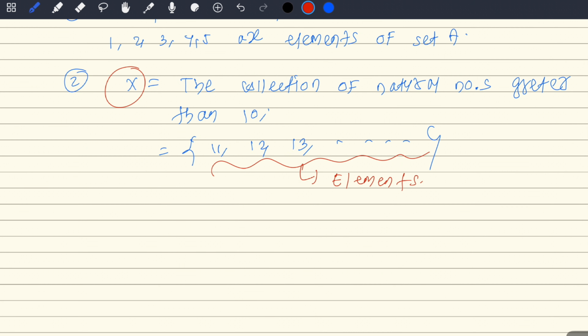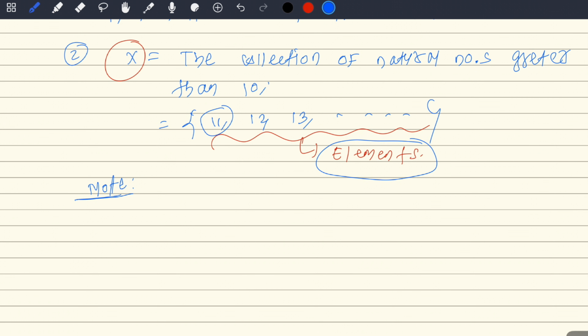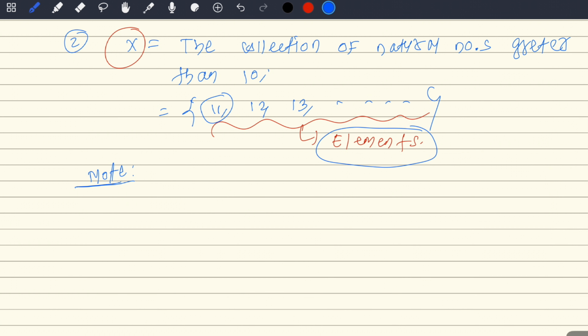Now we have a note here. If these are the elements, then the question came how to denote it mathematically. You may ask one question: whatever sir you told is okay, 11 is an element, 12 is an element, 13 is an element, all are elements. Does there exist any notation by which we can represent it mathematically? That notation we will see here.